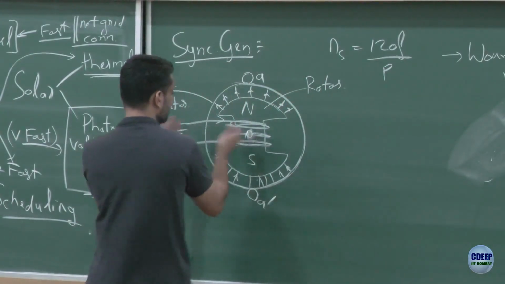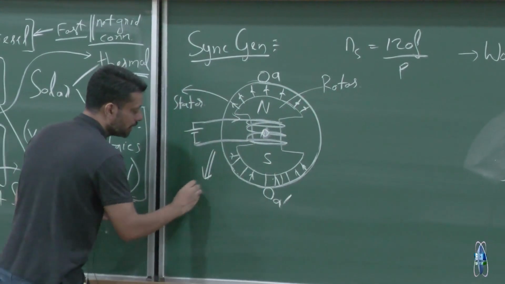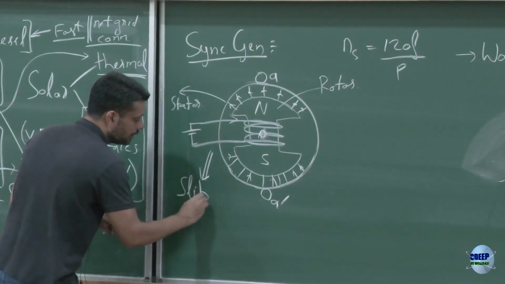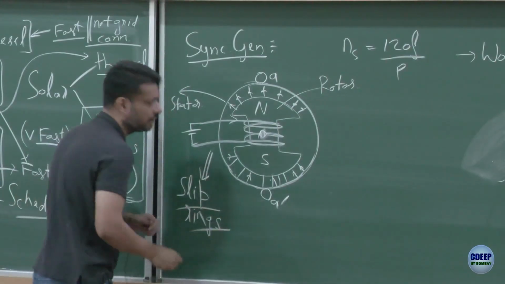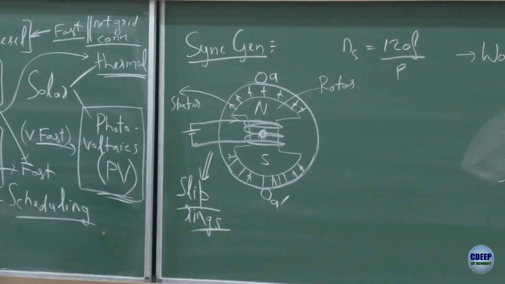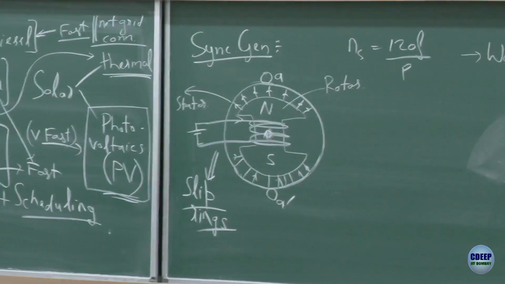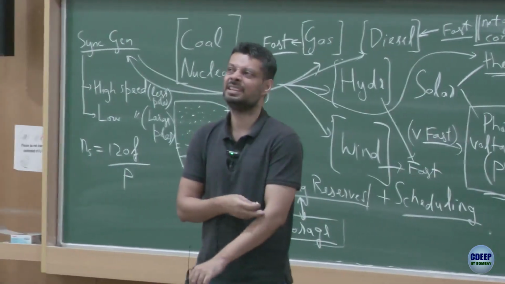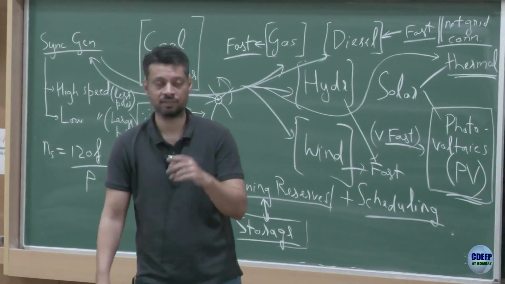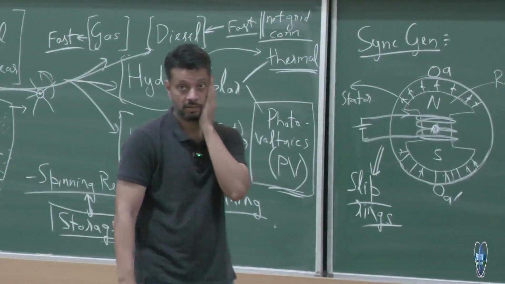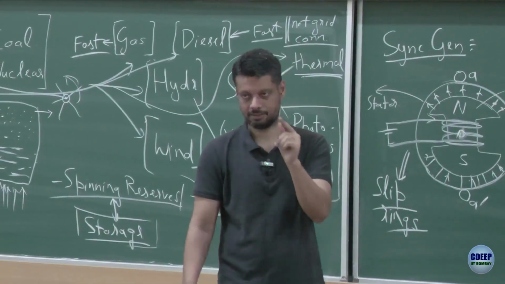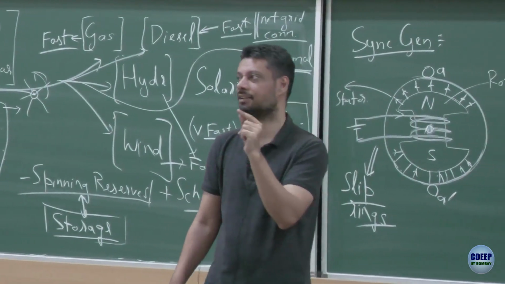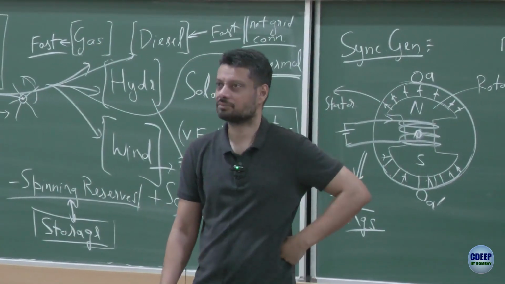For this connection to happen, you would require slip rings. Slip rings were not used in DC motors, so to say; they were used in the wound rotor induction motor. Did you see a slip ring in the lab somewhere?